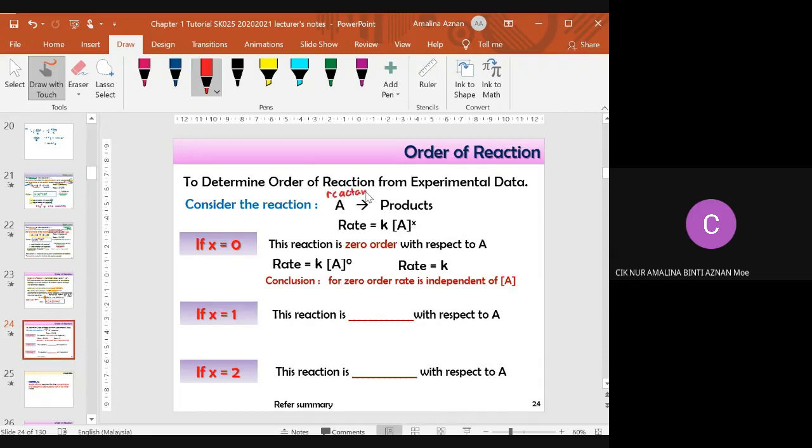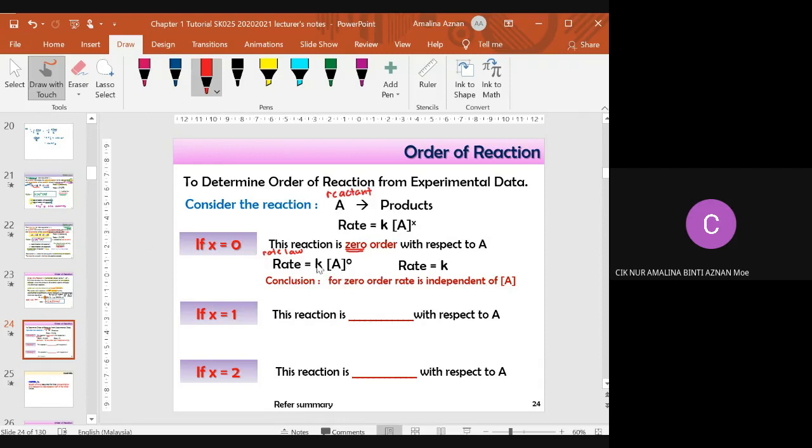We consider the reactant. So when we write the rate law, rate is equal to k, the rate constant, times the concentration of reactant, in this case A, to the power of 0, because it is raised to the power of its order. What is its order? Zero order.